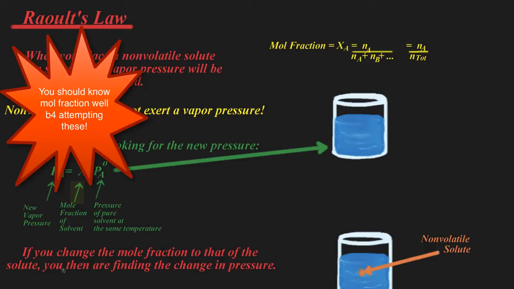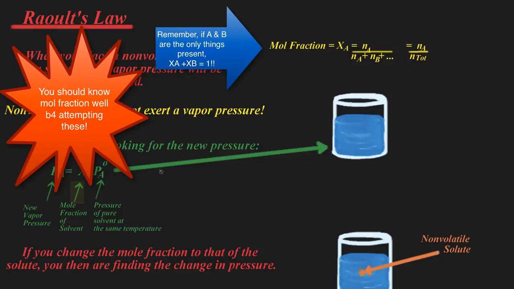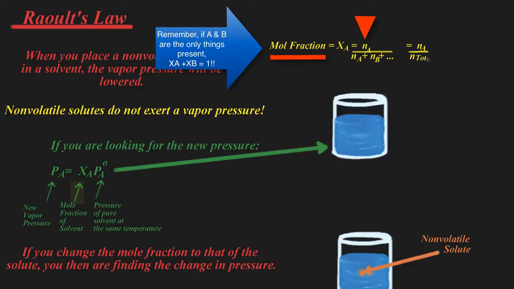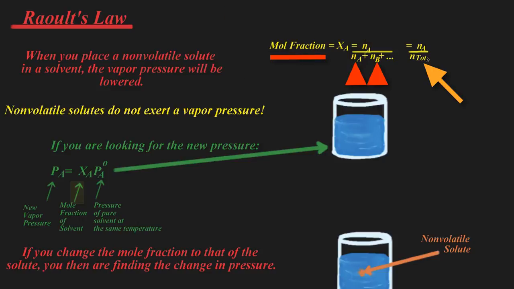Okay. There are two formulas associated with this. Both of them require you to remember what a mole fraction is, just in case you forgot. Mole fraction of A is the number of moles of A over the total number of moles present. So here is the formula for the actual pressure. If we're looking for the new pressure that results, you look at the mole fraction of the solvent times the pressure of the pure solvent at that temperature.